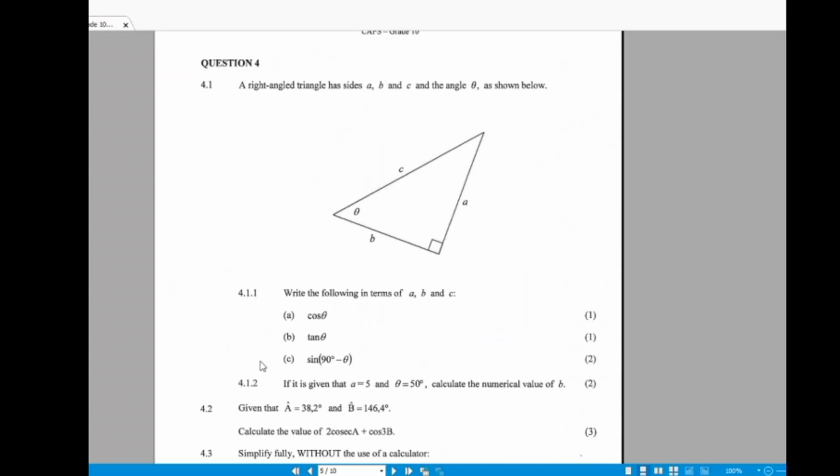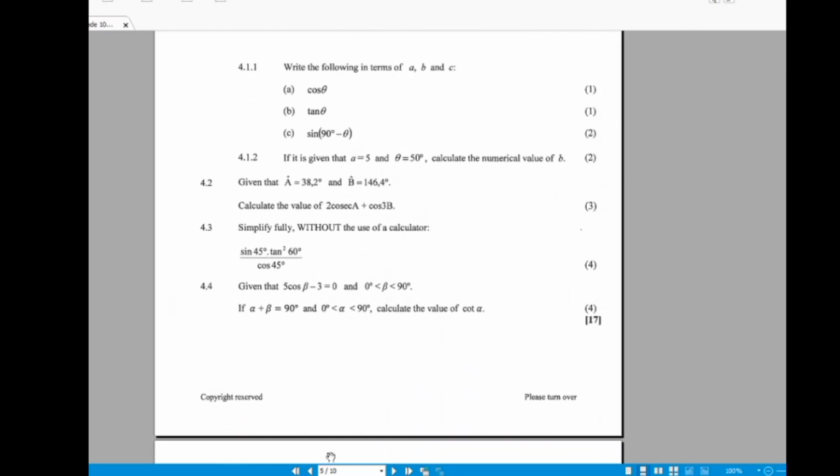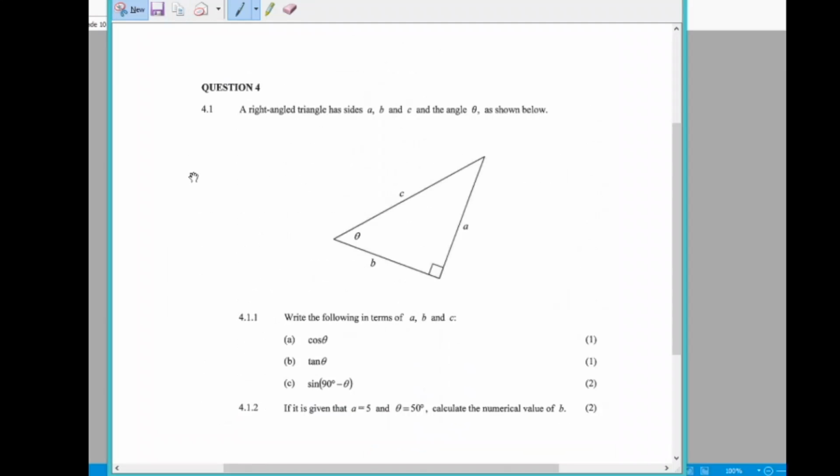So go to your calculator, and you will see that 5 divided by tan 50 is 4.195 units. So that is question 4.1, and then we go to question 4.2. So let us copy question 4.2.